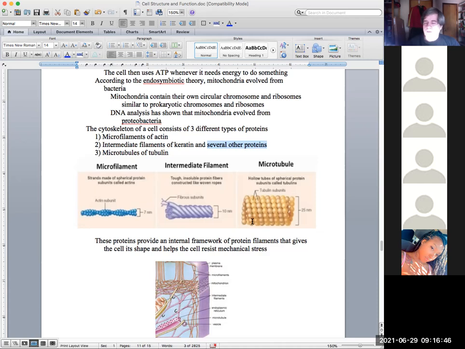So when we look at a microtubule, microtubules are made of a protein called tubulin. And tubulin is like actin in the sense that one tubulin molecule is actually circular. Now, in a microtubule, what we have is this chain of tubulin molecules.